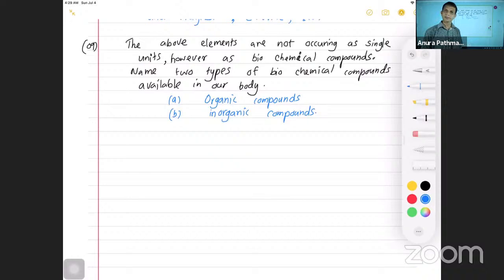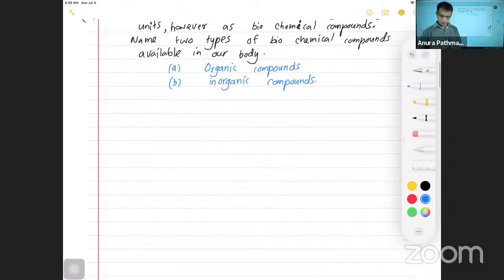Water and sodium chloride, the salts, are also inorganic compounds. Whatever salts are available in the body are inorganic, but the others we are going to study, protein molecules, carbohydrates, lipids, and vitamins, are organic compounds. Right.